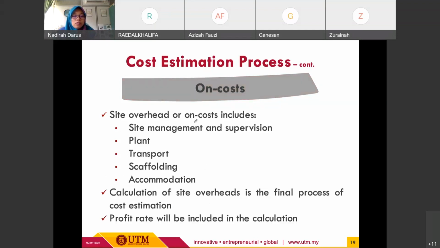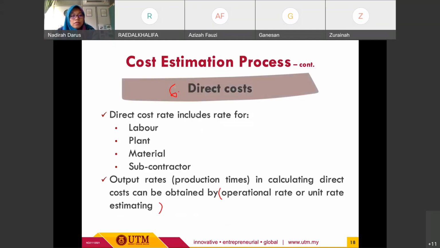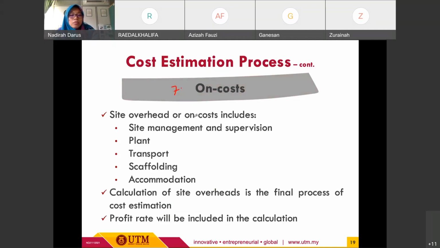All right. So on cost calculation will be the final process for the cost estimation. Basically, site overheads cost will include any cost excluded under the first one, which is direct cost. Site management and supervision cost, anything that relates to site management and supervision, will be included in this on cost.